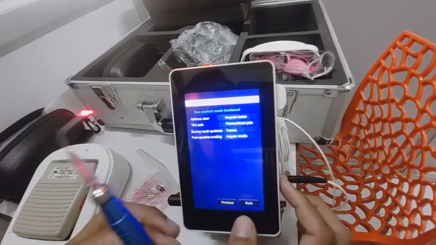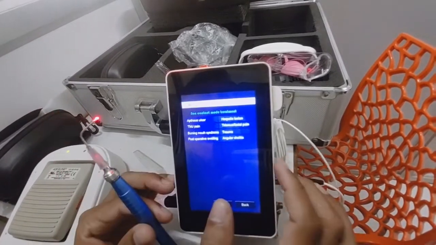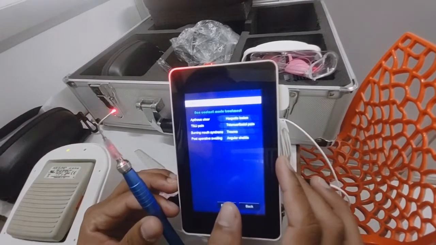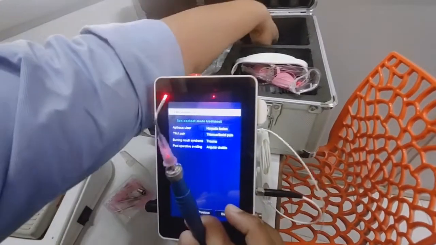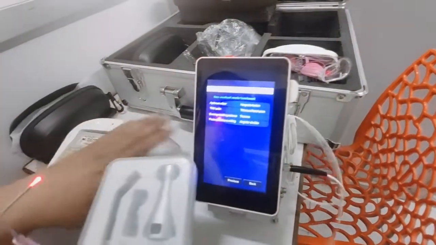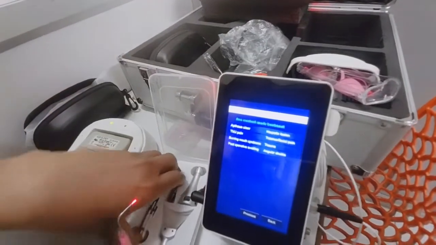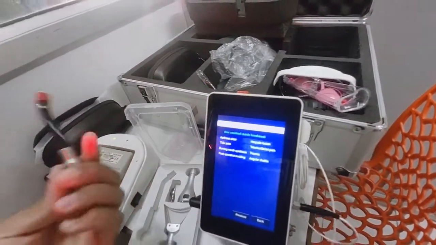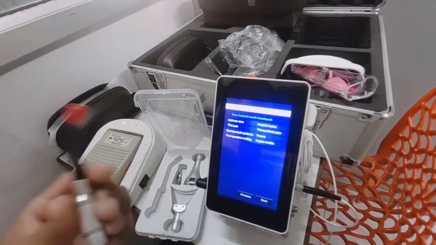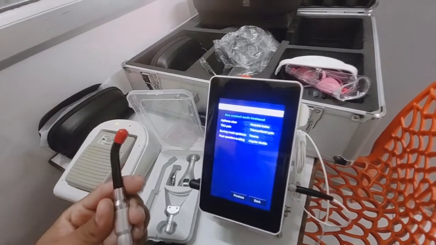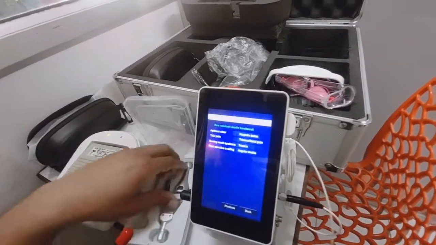And it is basically used for intraoral procedures, and these are the different tips. This tip is used for burning mouth syndrome, TMJ pain, trismus pain, and trauma pain.